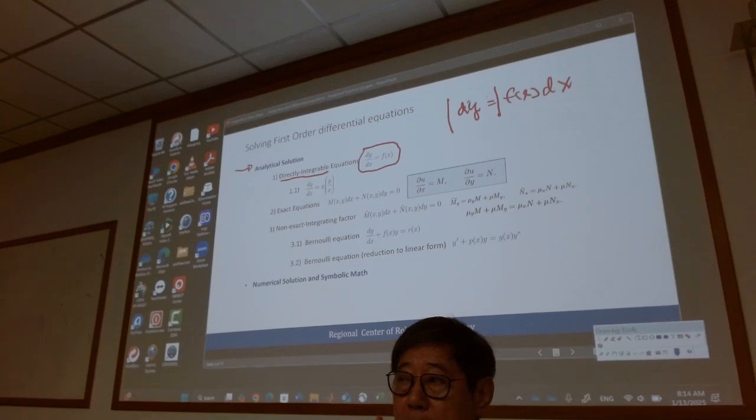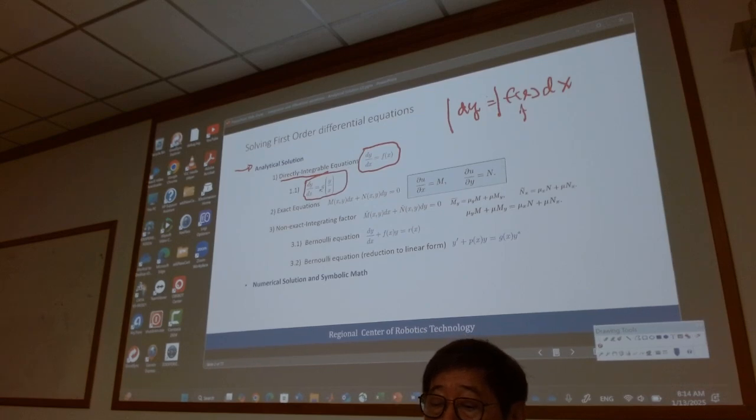That's why we call it direct integration. But sometimes you cannot solve the problem because f of x is not integrable. Sometimes you can modify this into this form.